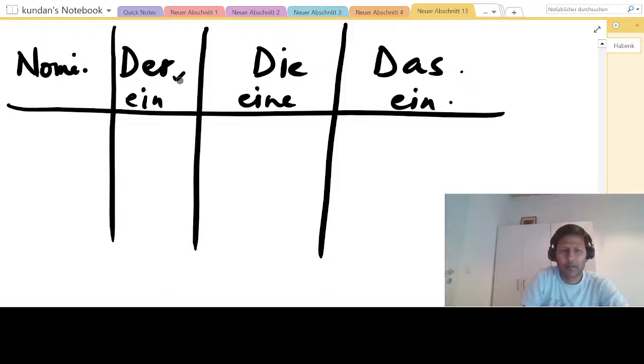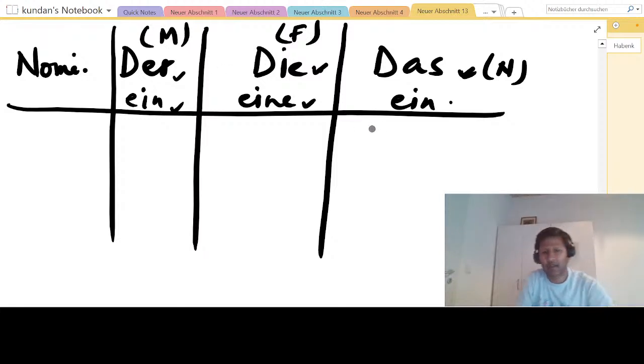We have seen that masculine is ein, feminine is eine, and neutral is ein. These things we have seen already, but let me revise this for guys who have not seen this before. Okay, there is the, this is also the, and this is also the, but we have three different words for the based on gender in German.